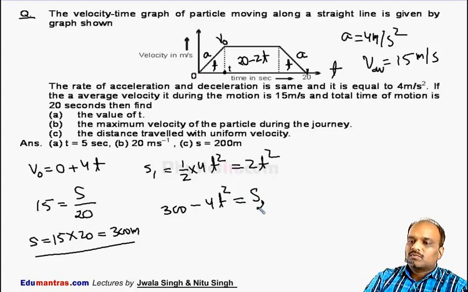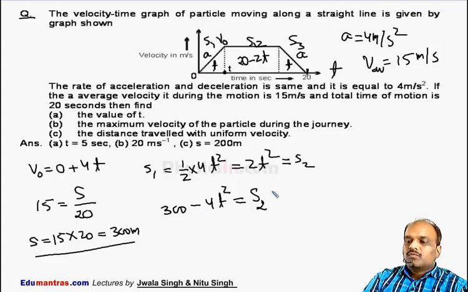This is s2. Let this be s1, this be s2, and this be s3. So s1 and s3 are 2t squared, and s2 is 300 minus 4t squared. Now s2 is also equal to the speed, which is v naught, into the time.